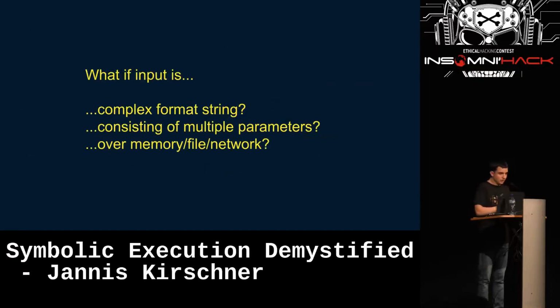So until now, we didn't have to define input because Angr automatically tries to provide input for your binary. This works great with simple input, but as soon as it gets a little bit more complicated, we're going to have to do that by hand. For example, with complex format strings, with multiple parameters, or if it's over memory, over a file, over the network.